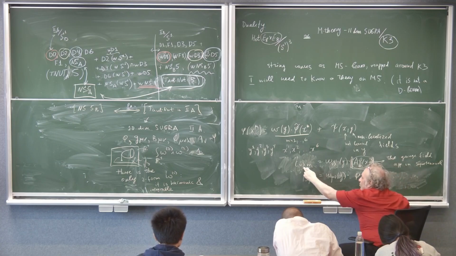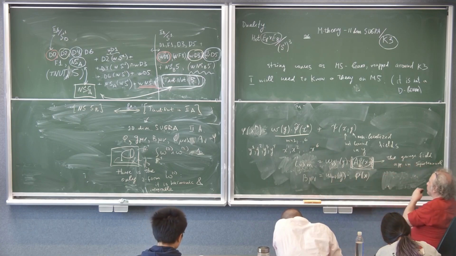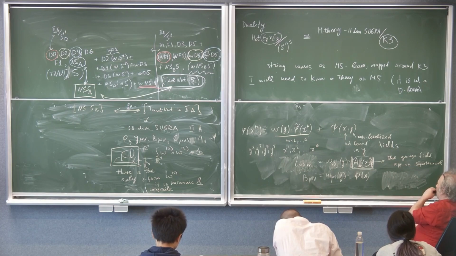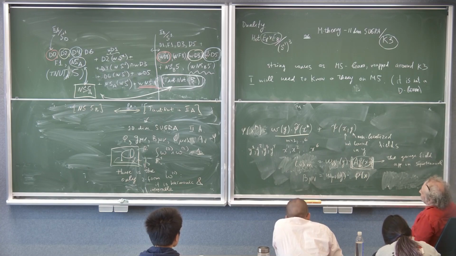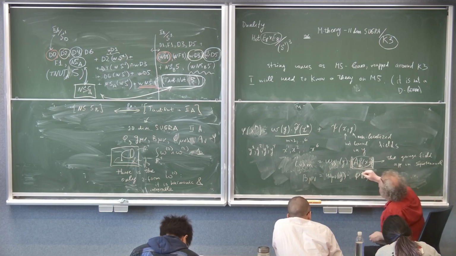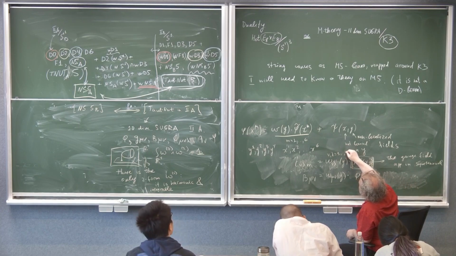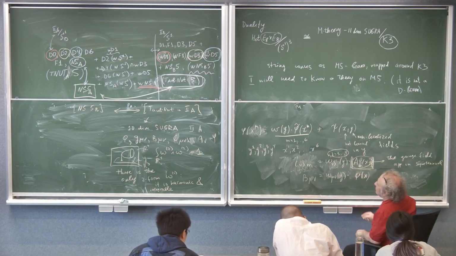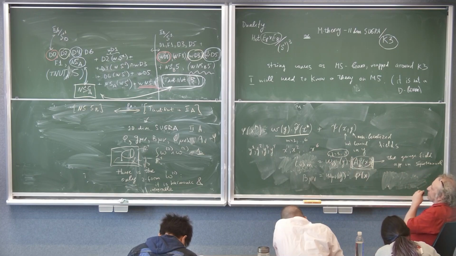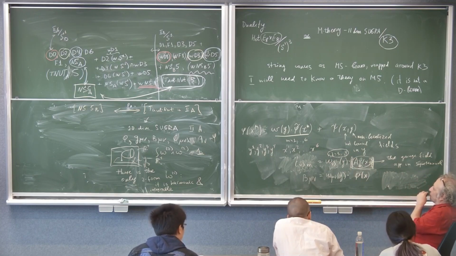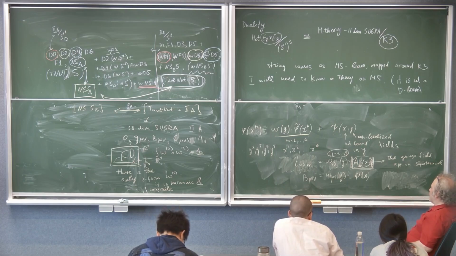So I have C mu lambda m, where these mu and lambda are from 1 to 4. So we didn't say anything about the other components of C, right?